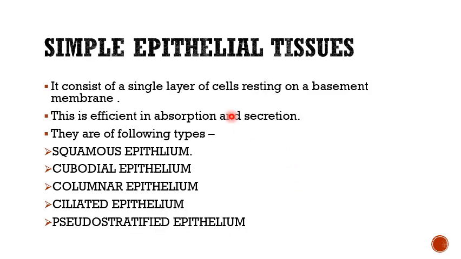Simple epithelium consists of a single layer of cells resting on the basement membrane. It is efficient in absorption and secretion. Types, depending upon the shape of the cells: squamous, cuboidal, columnar, ciliated, pseudostratified.